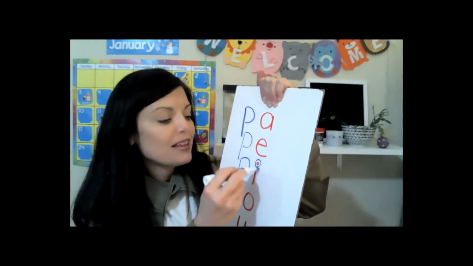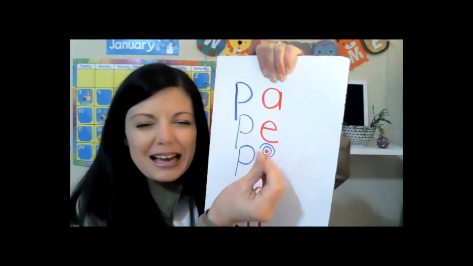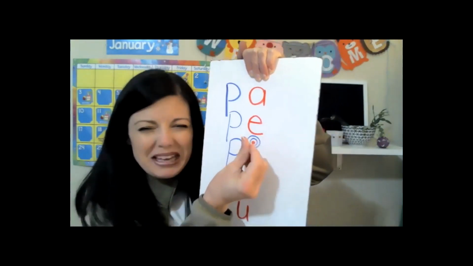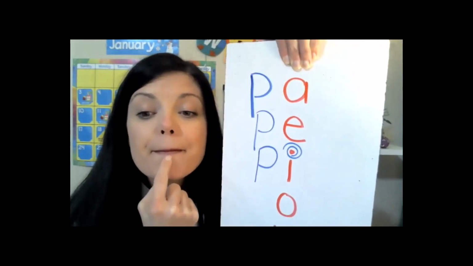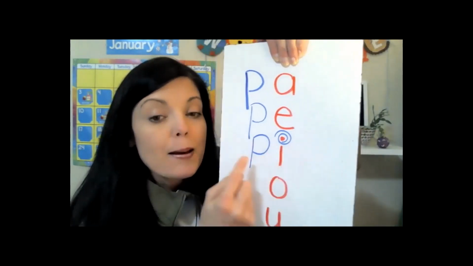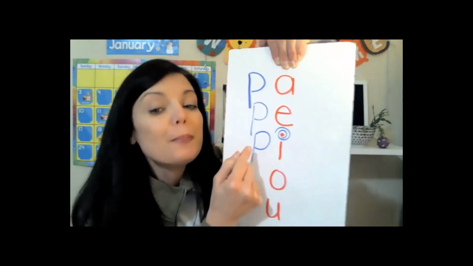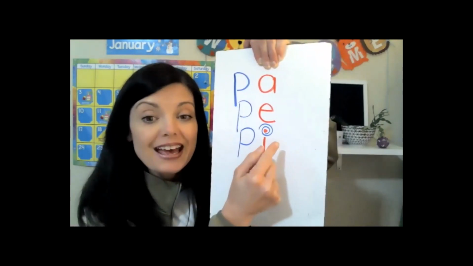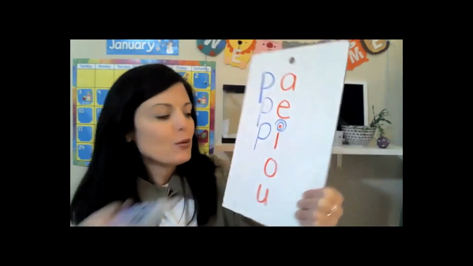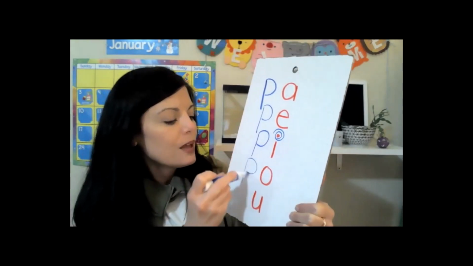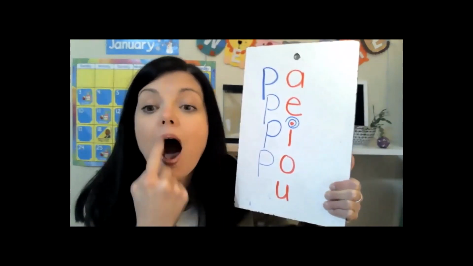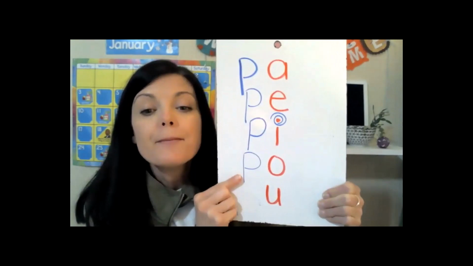Let's try P with an I. Remember I, it looks like an icky sticky lollipop. Here we go. P, pi, pi, pi. Okay, let's try P with an O. O looks like this. Here we go.